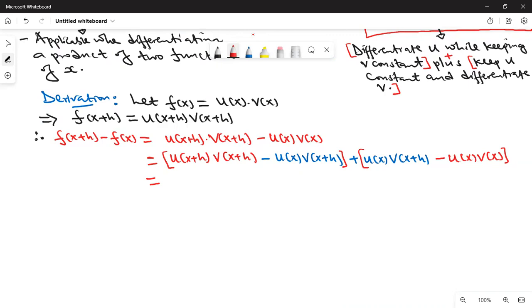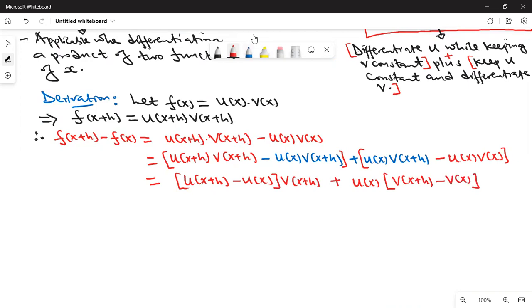So this can be written as u of x plus h minus u of x, in brackets, and v of x plus h is common. Then in the other bracket, you can see u of x is common, you can factor that out, so that we have v of x plus h minus v of x. That's what we have. Now, that's our numerator.